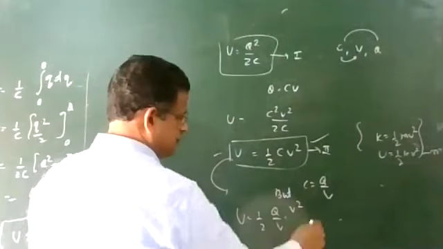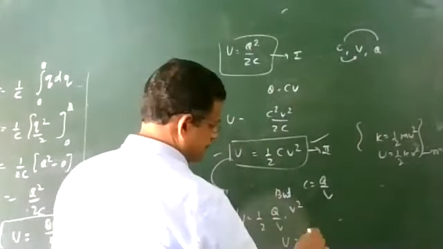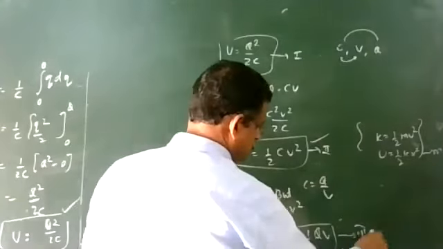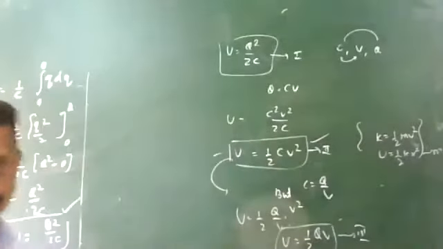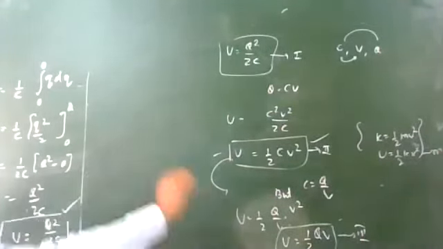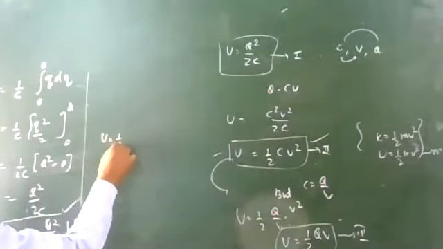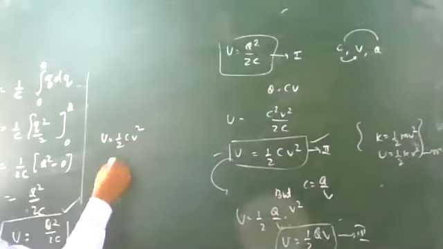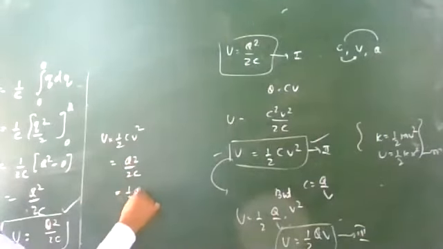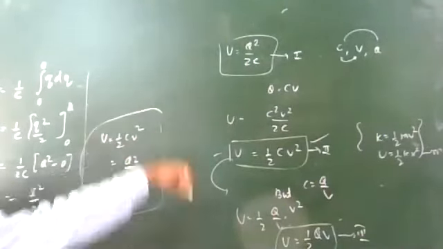One V cancels, and U equals half QV. These are the three equations, direct expressions to find the energy stored in the capacitor. If asked to derive the equation for energy stored in the capacitor, write all three equations. First preference goes to half CV square or Q square by 2C or half QV. So this is the energy stored in the capacitor.